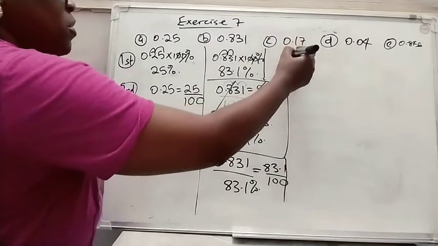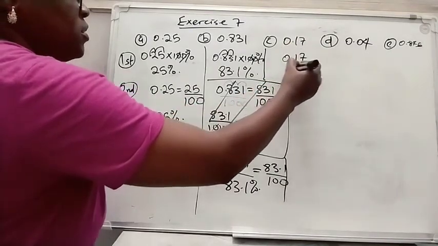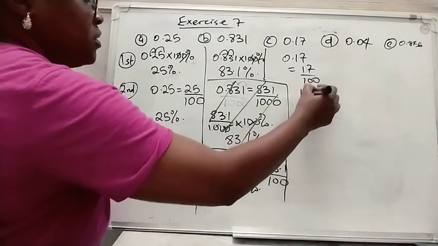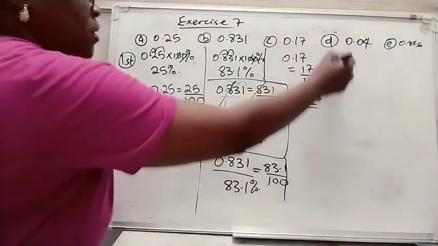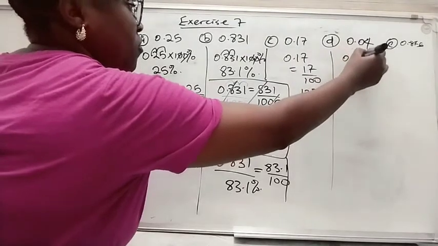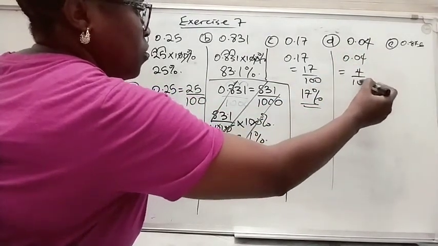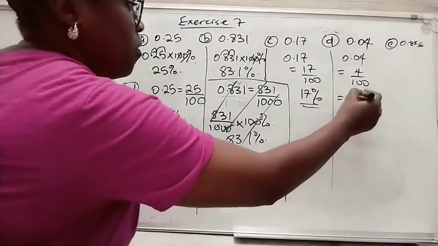So this is what you can see now. 0.17 is the same thing as 17 over 100, which is also 17%. That's for C. Then D, 0.04 is the same thing as 4 over 100, which is the same thing as 4%.